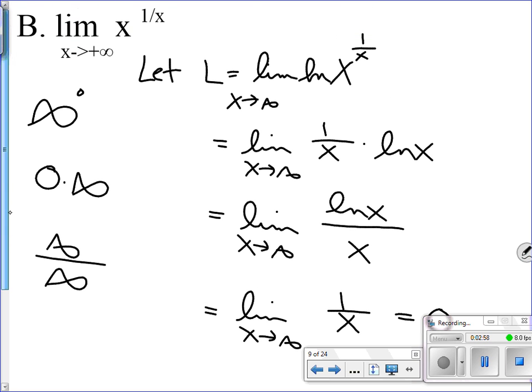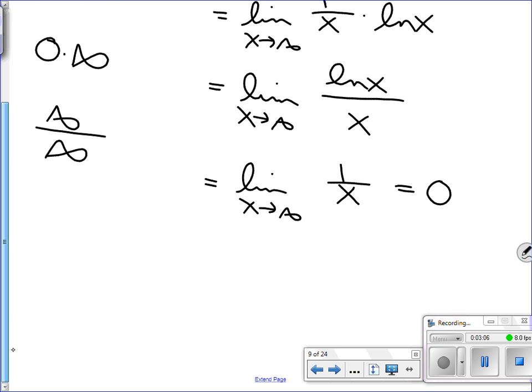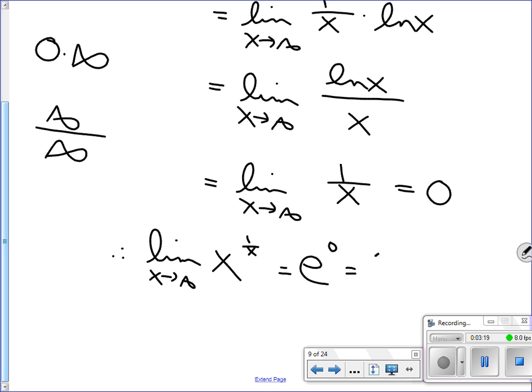We were asked for the limit of x to the 1 over x. We found the limit of the natural log. That's the exponent, right? So the limit of x to the 1 over x as x approaches infinity equals e to the 0, which is equal to 1.